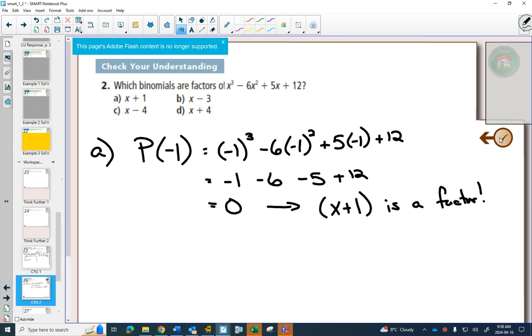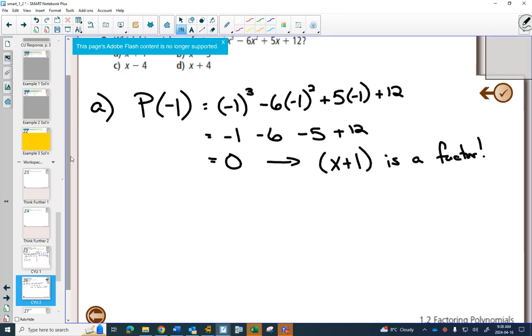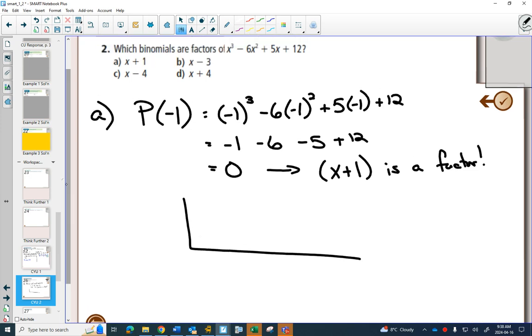And we're very excited, because if something is a factor, that means we can start to factor. In fact, if you wanted to factor it, you would need to write your division statement, so it makes sense to do the synthetic division. Remember the synthetic division, we write our coefficients, 1, -6, 5, and 12. If you're dividing by x plus 1, we put the opposite sign out in front. Bring down your number, multiply, add, multiply, add, multiply, add.